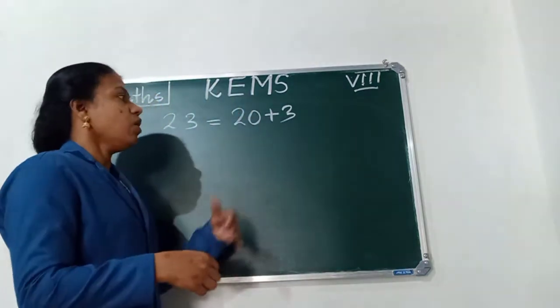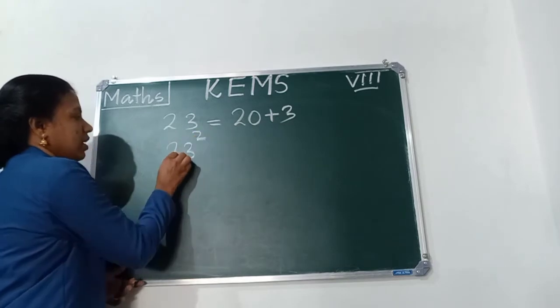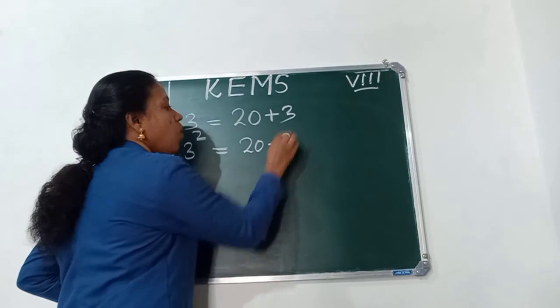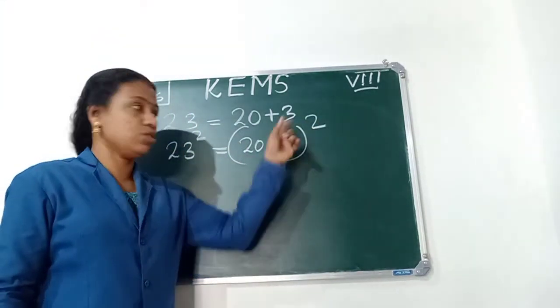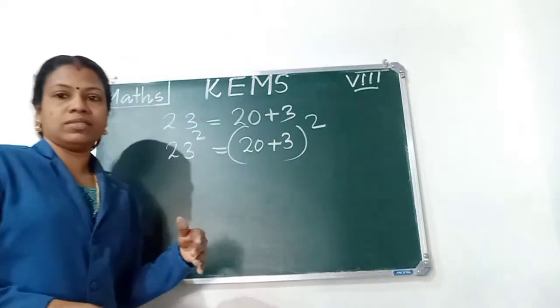Okay. Now, to find the square, what do we do? 23 square equals 20 plus 3 whole square. Whole square means what?